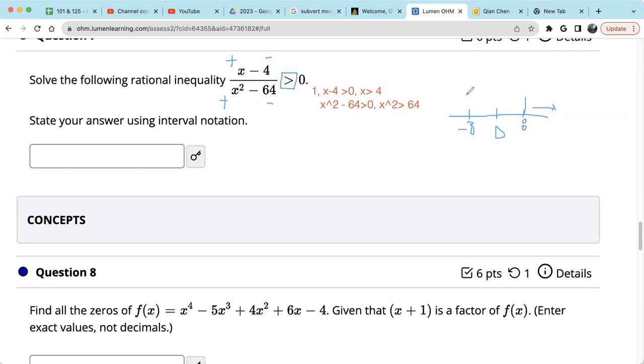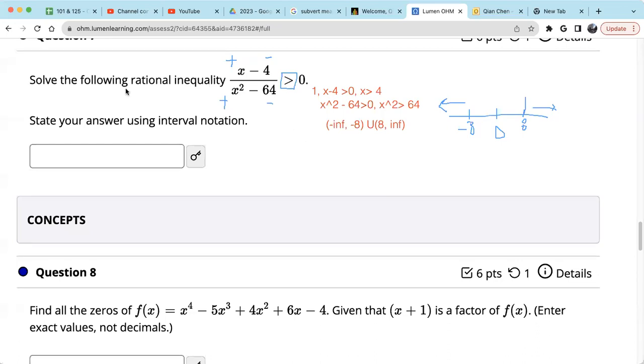If x is negative, for x squared to be greater than 64, x has to be on the negative side, less than negative 8. So the solution for this one is from negative infinity up to negative 8, union 8 up to positive infinity.